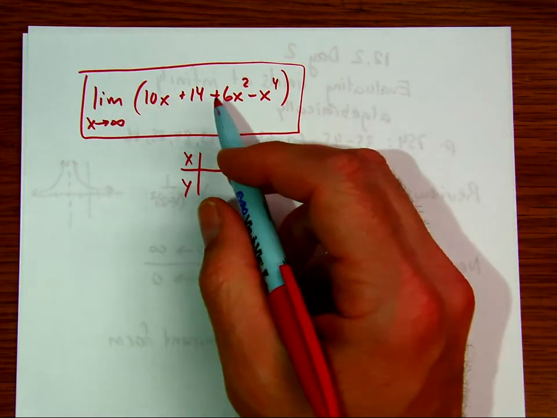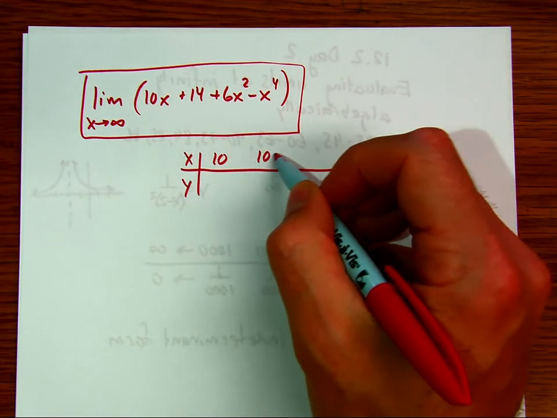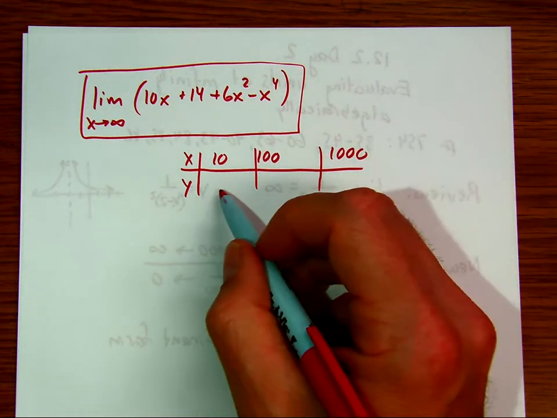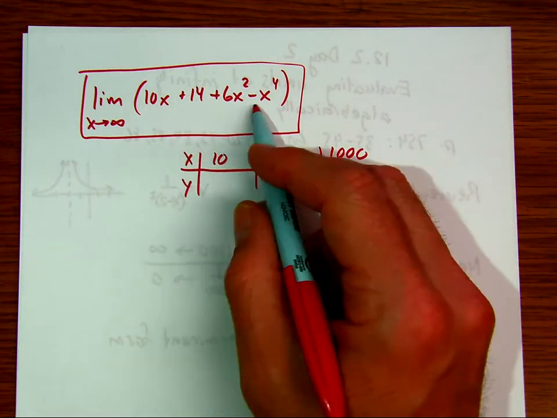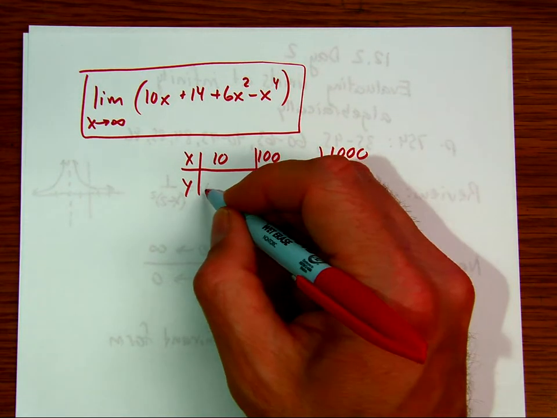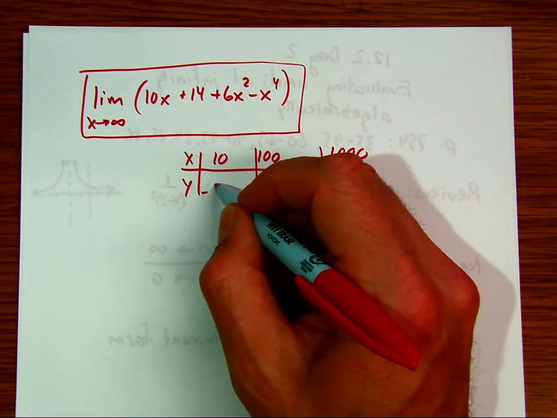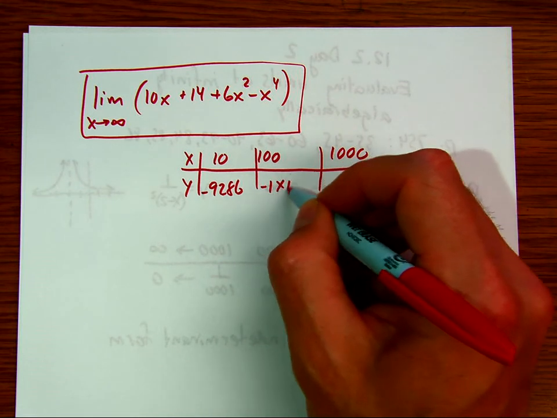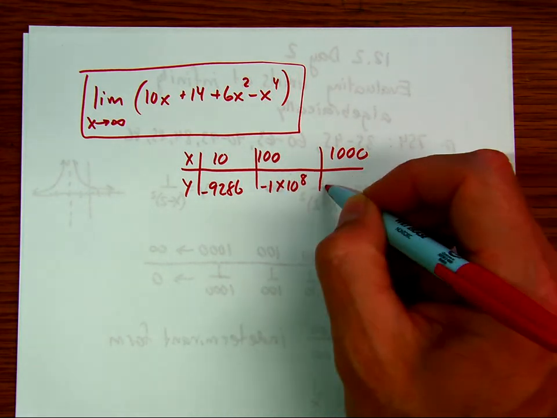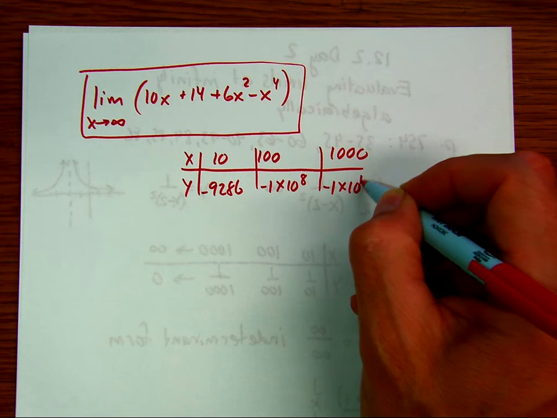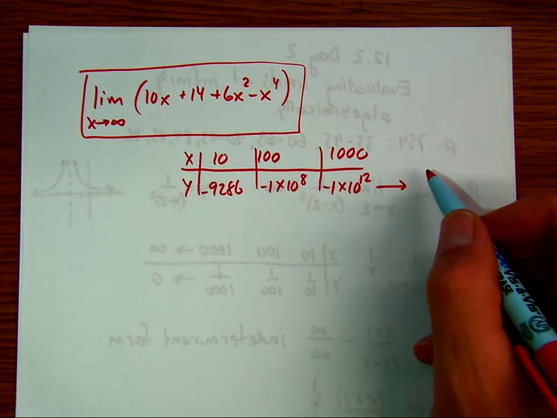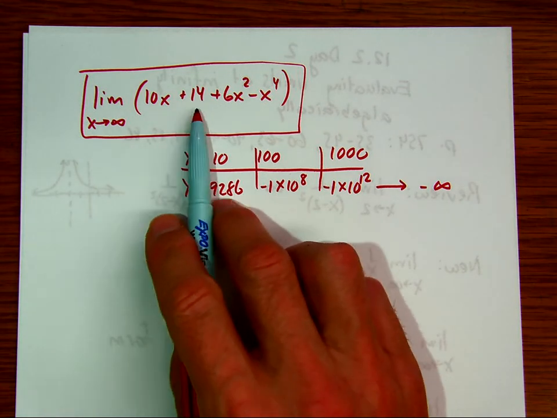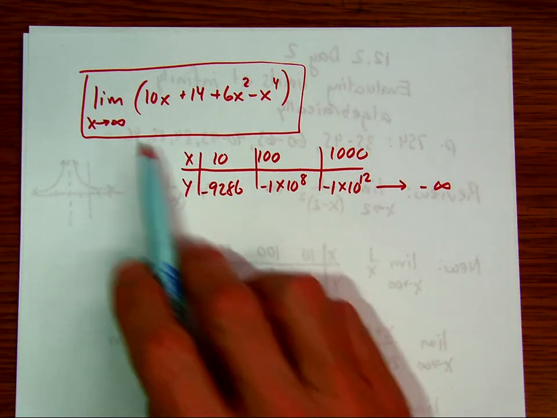As x goes to infinity, we can just substitute the values, and we get negative 9,286, negative 1 times 10 to the 8th, negative 1 times 10 to the 12th, and those numbers are going to negative infinity. So we see that this function has a limit at infinity of negative infinity.